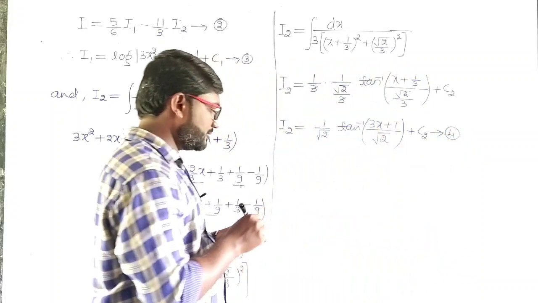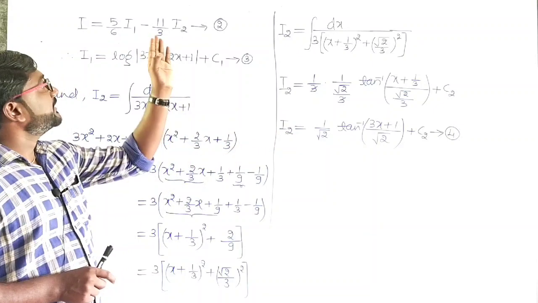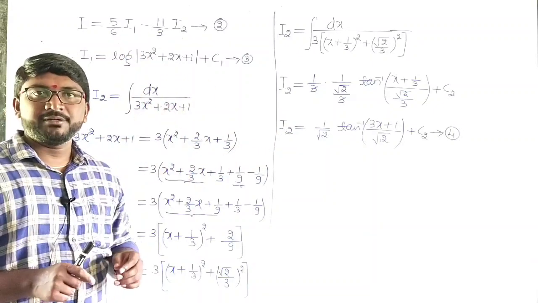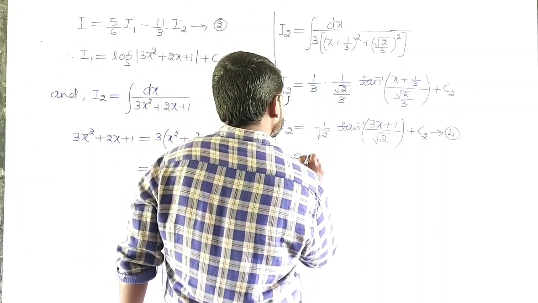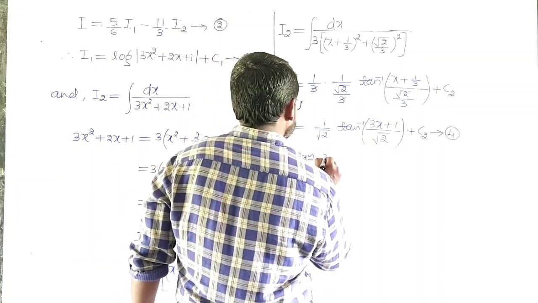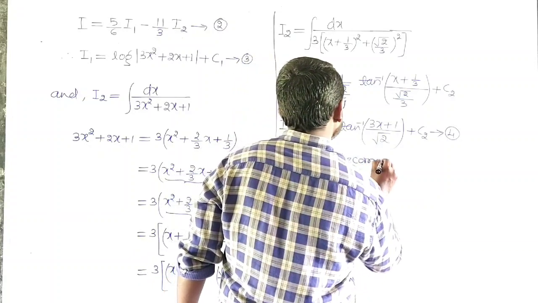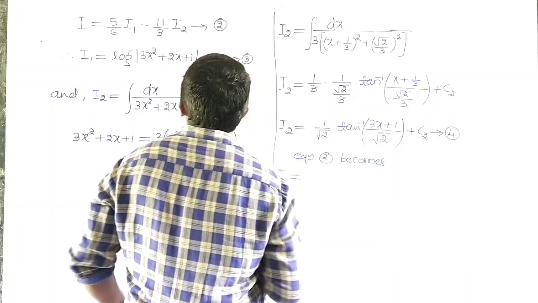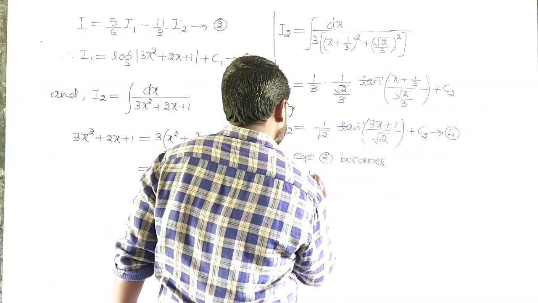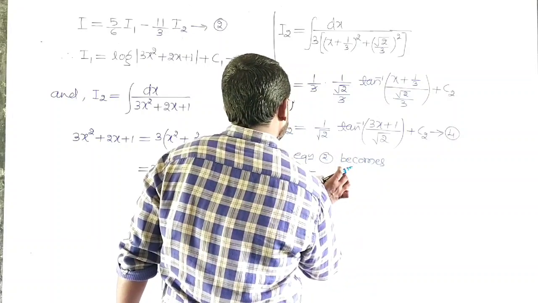So now we have to substitute equation 3 and equation 4 in equation number 2 to get the final value of I. So here equation 2 becomes I which is equals to, what do we have now, 5 by 6 into I1.